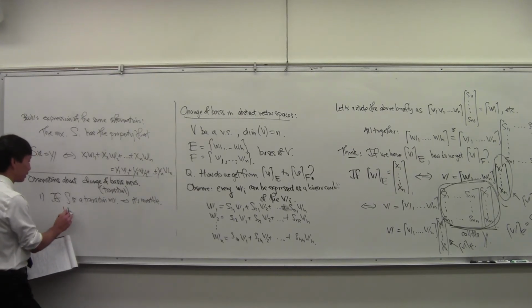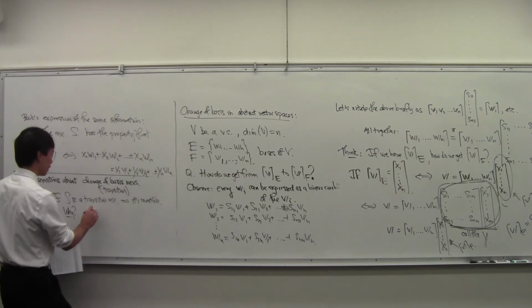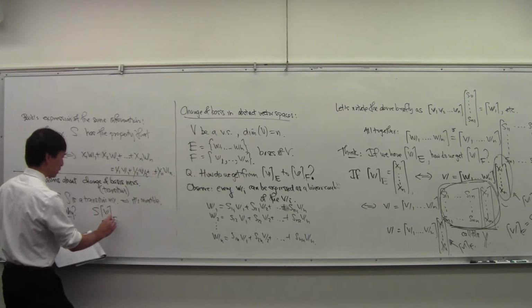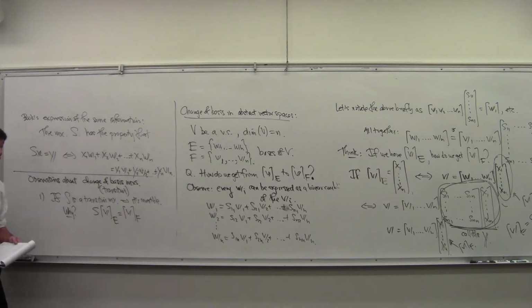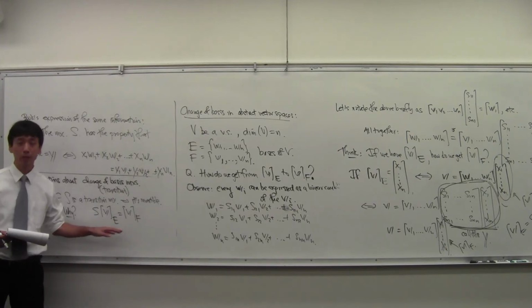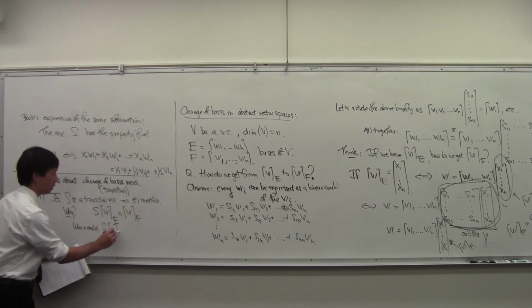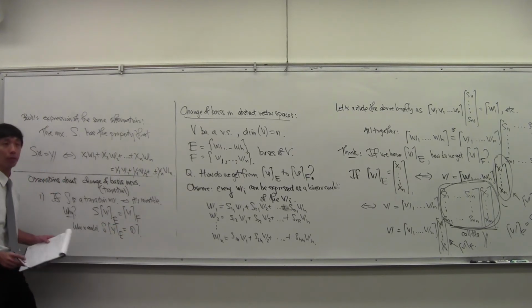If you think about it, S takes the coordinate vector with respect to some basis and gives you the coordinate vector with respect to another basis. So when could S of something be the zero vector?